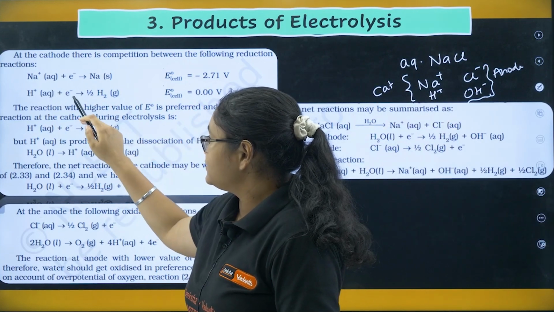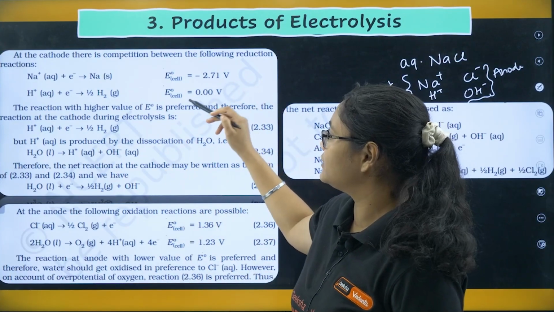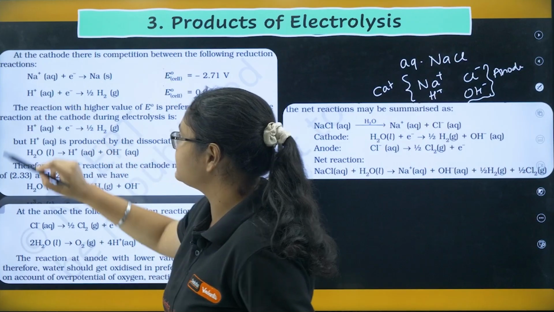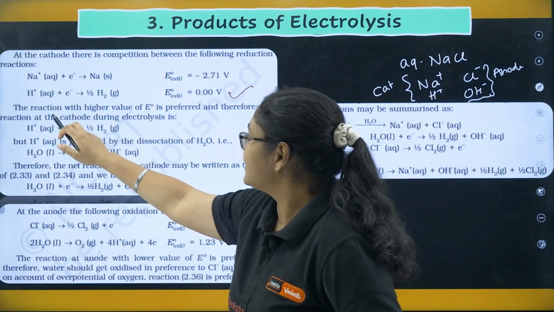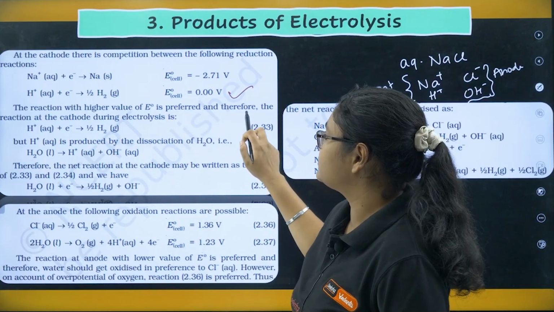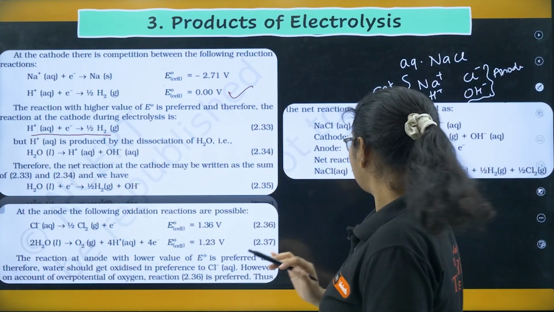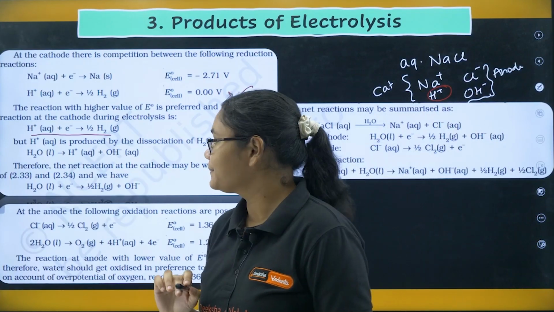What is the reduction potential of H plus? 0 volt. So which has higher reduction potential? Definitely hydrogen has more reduction potential, right? So definitely the reaction with higher E0 value is preferred, and that is why hydrogen will undergo reduction here. So the hydrogen reaction will take place at the cathode.